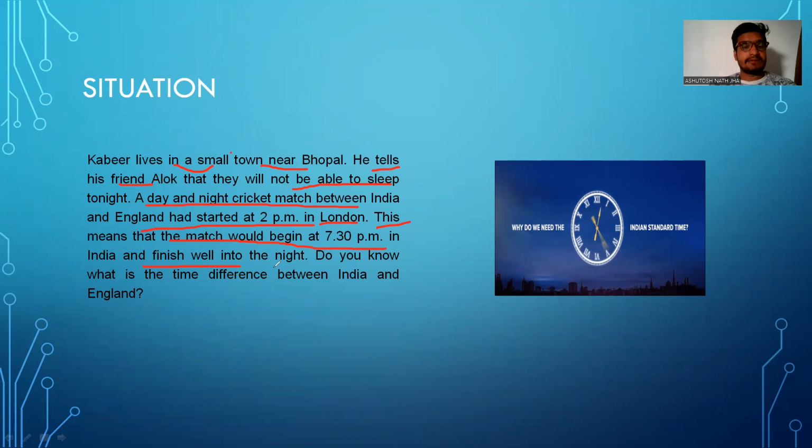What is the reason behind it? It is because of the time difference: a day and night cricket match between India and England started at 2 p.m. Okay, started at 2 p.m.